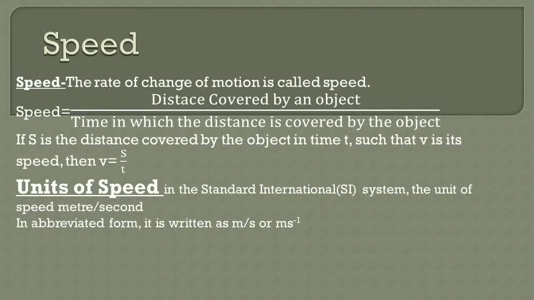In that way we can find the unit of speed. It will be meter per second. In abbreviation form we can write it as m/s, or m s^-1, where m is the meter and s is denoted for the second. So this is the speed which a moving body has.